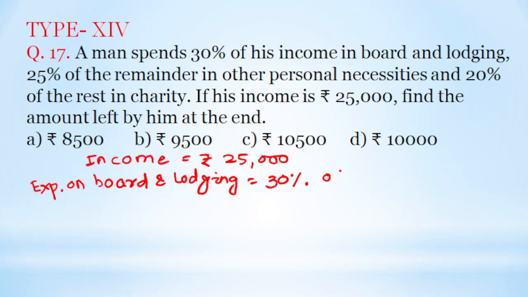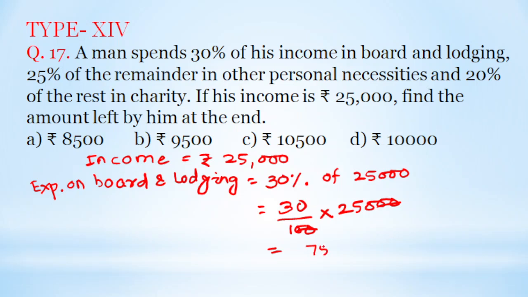So that is 30 by 100 into 25,000. Here two zeros are cancelled, so after multiplication it is coming as 7,500.